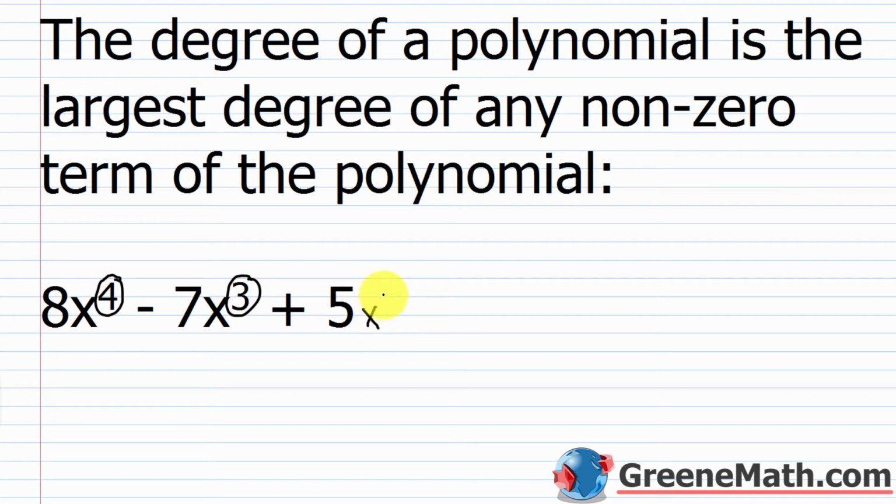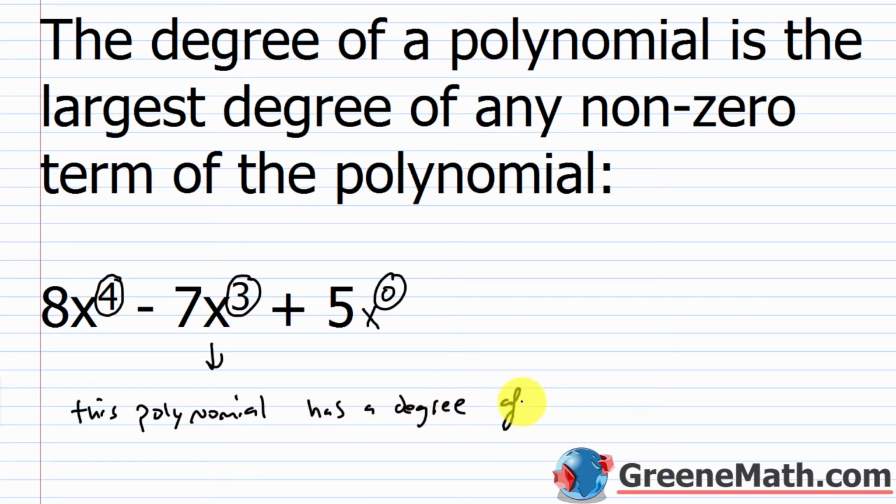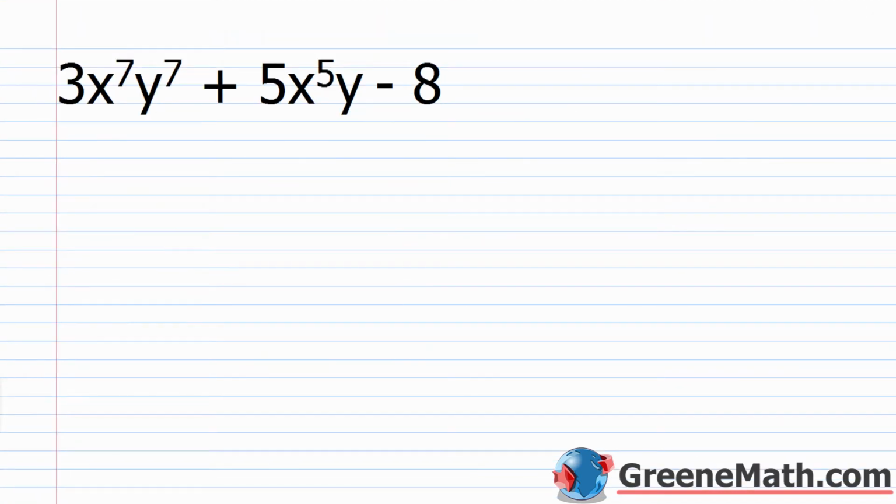I could put this as x to the power of 0. So I know that the largest degree of any term is 4, so the degree of the polynomial is 4. So this polynomial has a degree of 4.